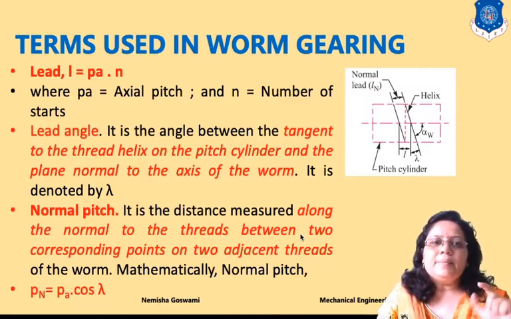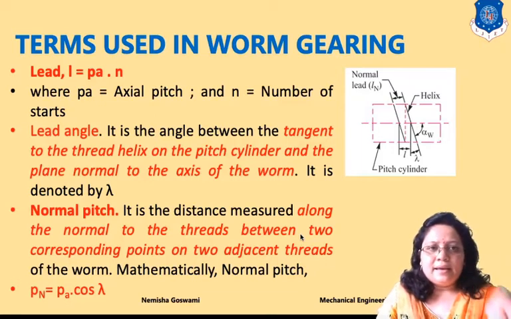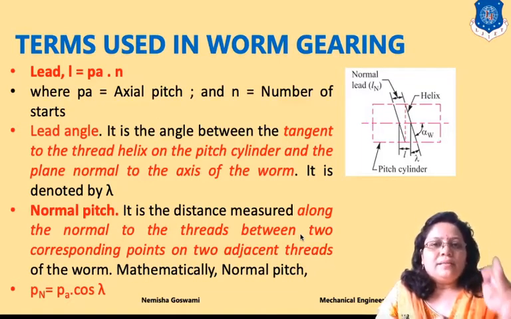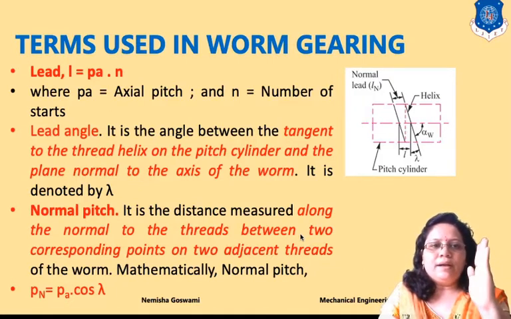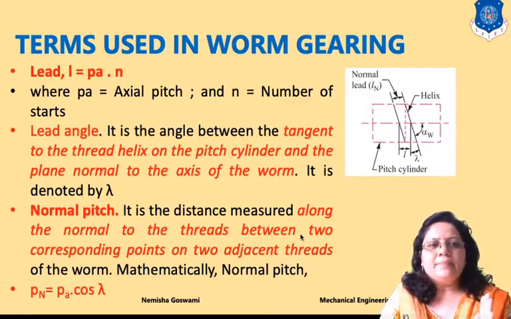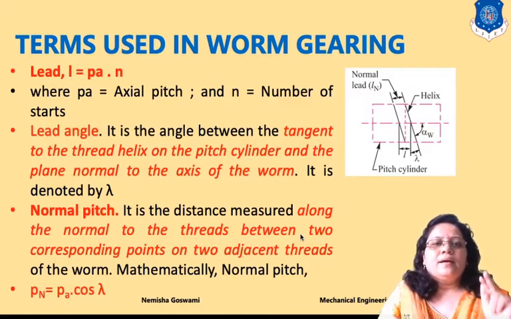It is the angle between the tangent to the thread helix on the pitch cylinder and a plane normal to the axis of the worm. If we draw a tangent and a normal or perpendicular line, the angle between these two is known as the lead angle.